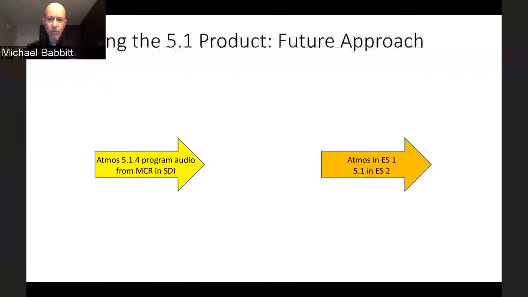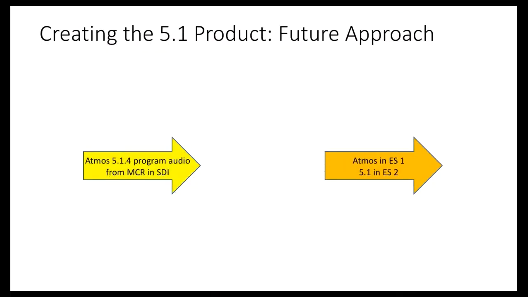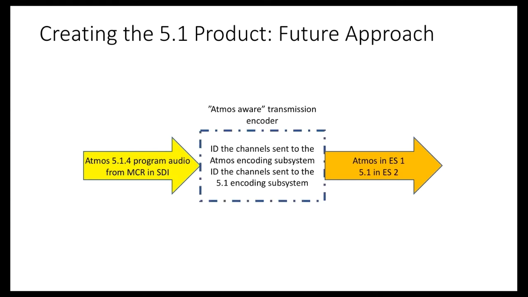A future approach would be getting that sort of capability built into the transmission encoder, where the transmission encoder receives your 10-channel Atmos mix, and that transmission encoder is set to take those channels and create a 5.1 from that, or a stereo from that, and it can do this just automatically.